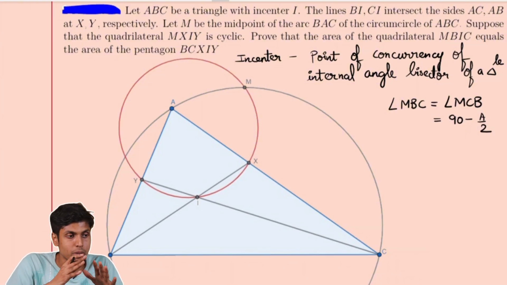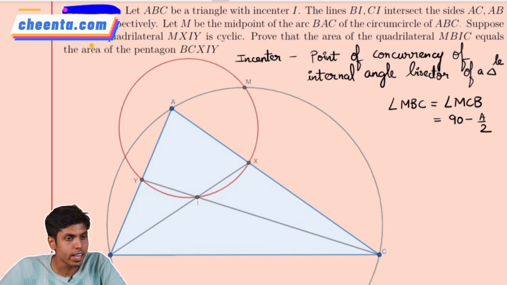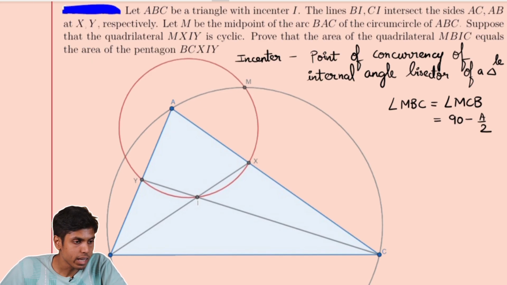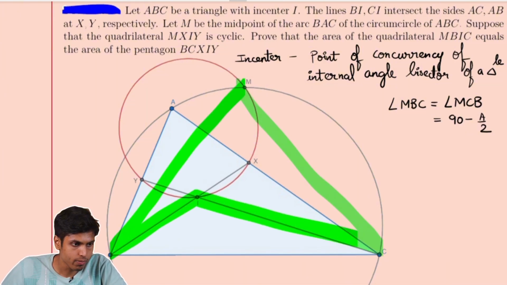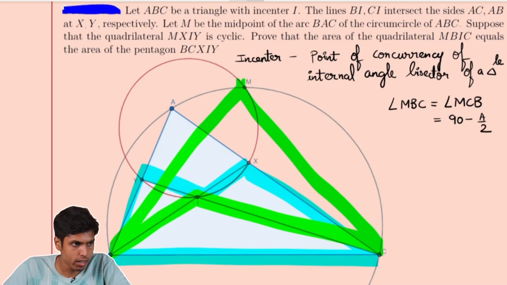So the measurements and everything is conducive to this particular problem statement. Now prove that the area of quadrilateral MBIC, so let's draw that, equals the area of pentagon BCXIY. So BCXIY would be like this. These two areas are equal.